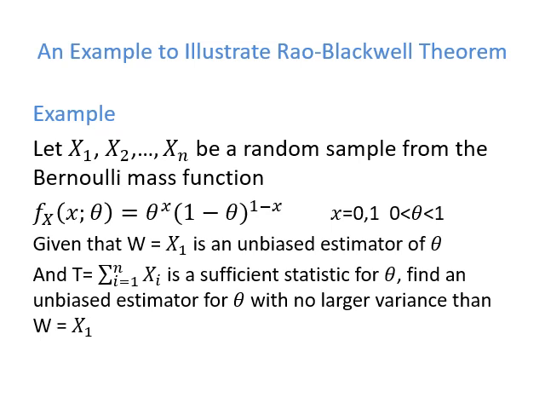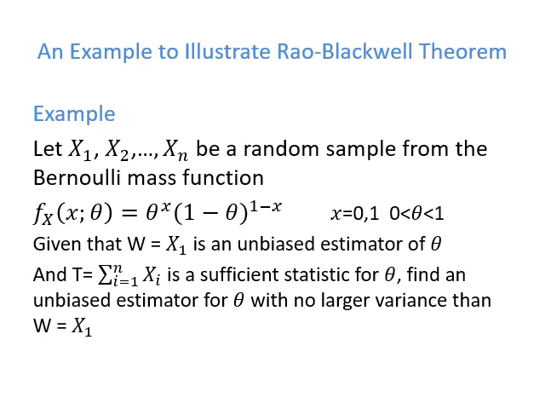We are given in the example that W equal X1 is an unbiased estimator of theta. Notice here that X1 is not the first order statistic or the minimum, it's just the first observation. And also it is given that T equals summation Xi is a sufficient statistic for theta.